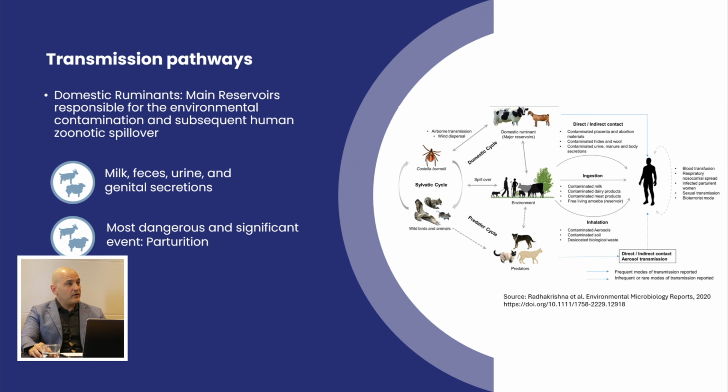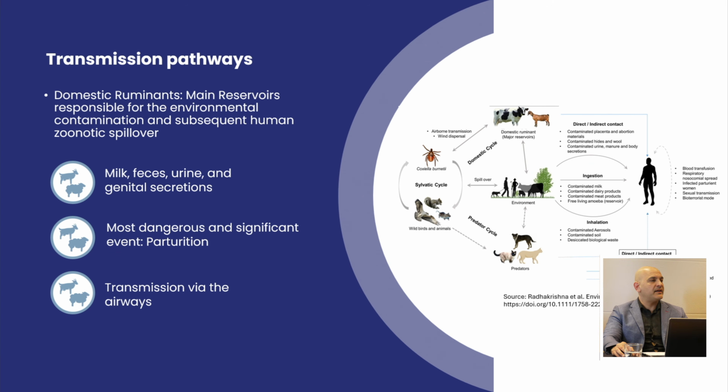The most biologically dangerous and significant event is parturition. The expulsion of infected placenta and amniotic fluids releases a huge load of the pathogen directly into the immediate farm environment. Transmission between the animals occurs via the airways and the inhalation of contaminated aerosols.